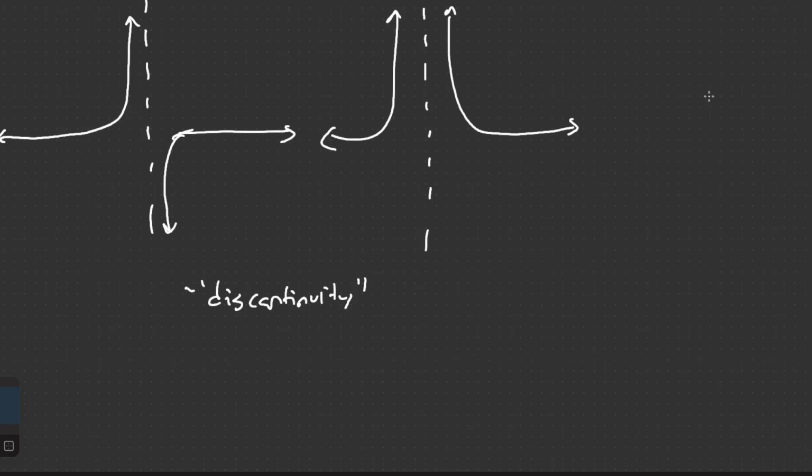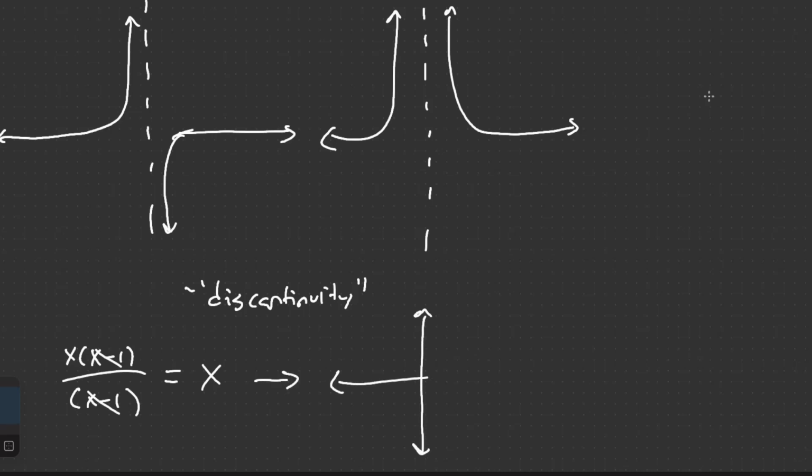For example, you can have this graph, let's say x minus 1 over x minus 1, times x. Now, you might be looking at this and you might be like, okay, well, x minus 1 cancels out, so this must be x, right? That's half true. Technically, if we look at the graph for this, yes, it is x.